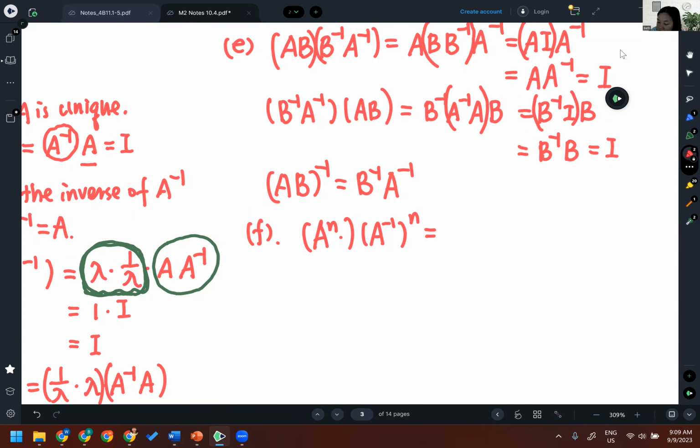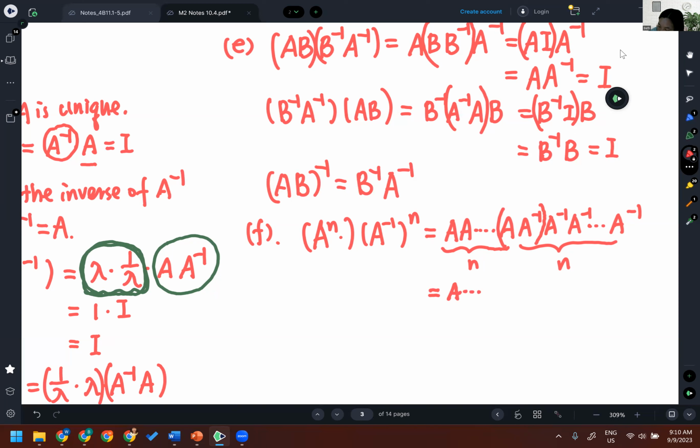So what we know about this is that A to the power n is basically a lot of A's, and this one is a lot of A inverse. Now what we do is that we make them clash in the middle. That is to do this first. Now after you do this, it's A, and then n minus 1, do you know?